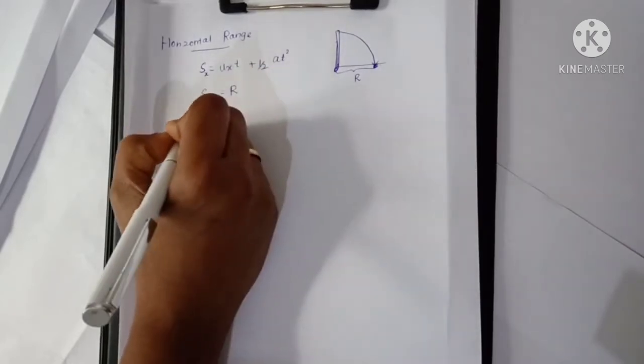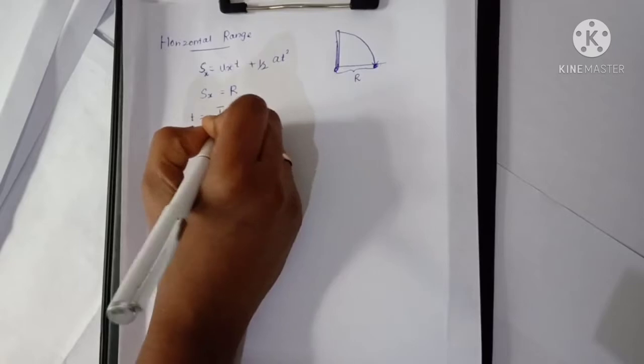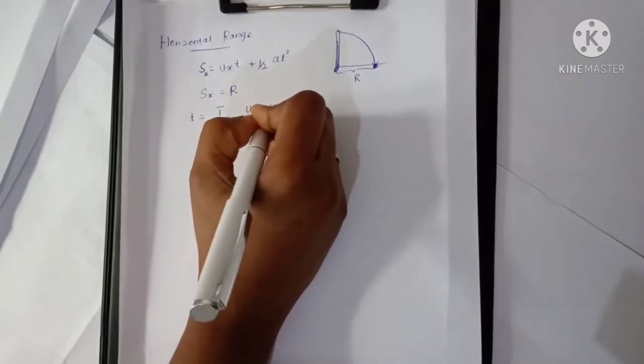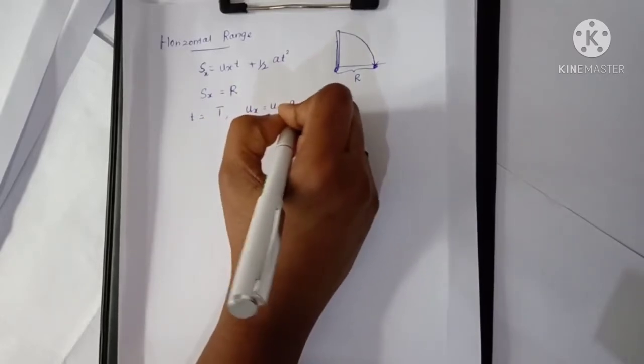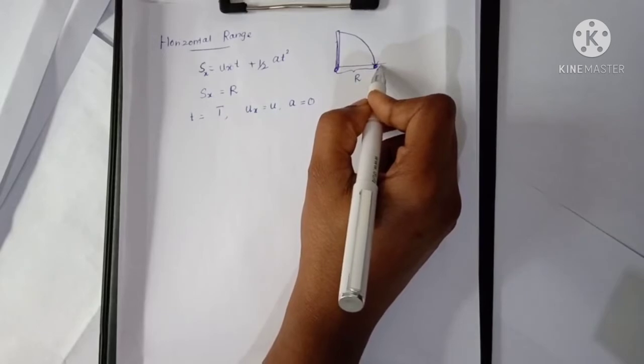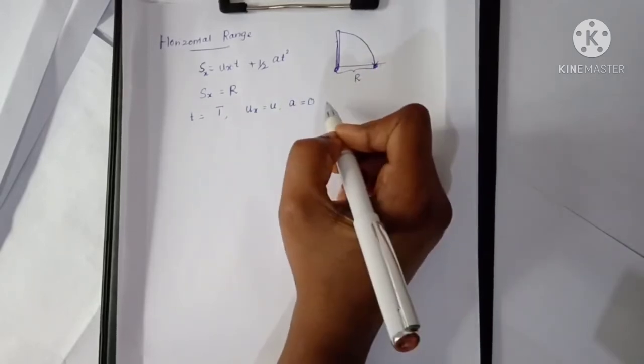We write the small t as capital T, ux is u, and acceleration a is equal to 0 because there is no acceleration along the x axis.